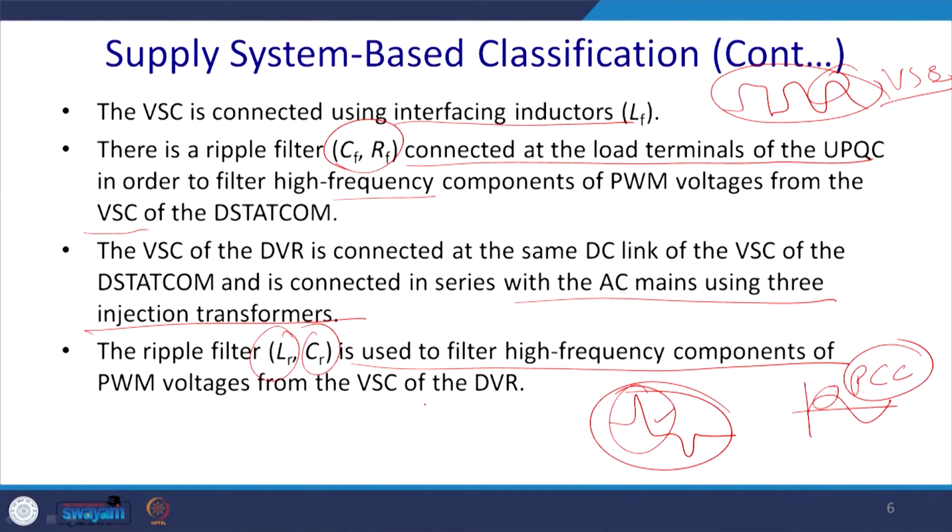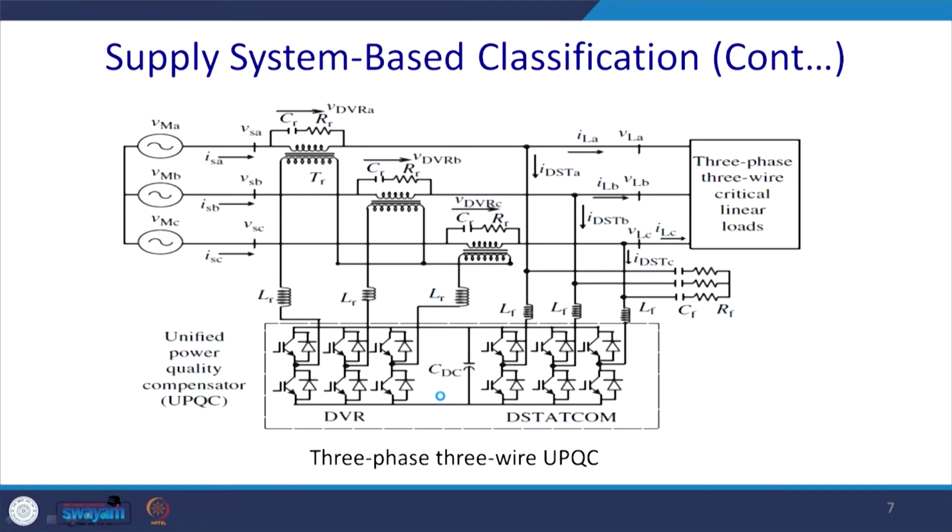So, those switching ripples are required to go out. Ultimately, this is not a big challenge, because your power system is a low pass filter, used to filter out the high frequency components of the PWM voltage from the VSC of the DVR. So, this is the overall structure of the 3 phase 3 wire UPQC.